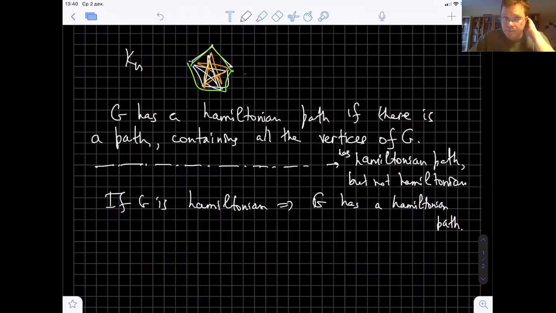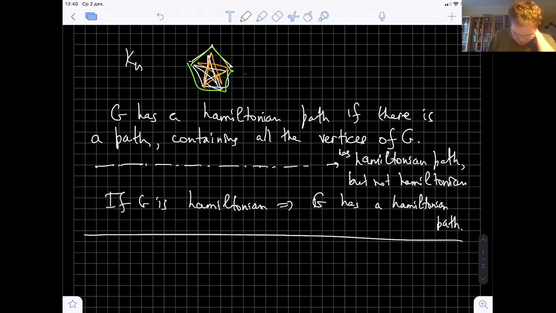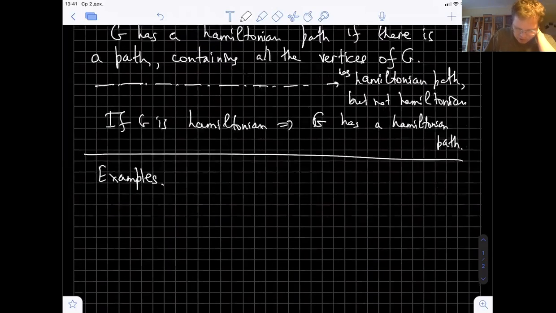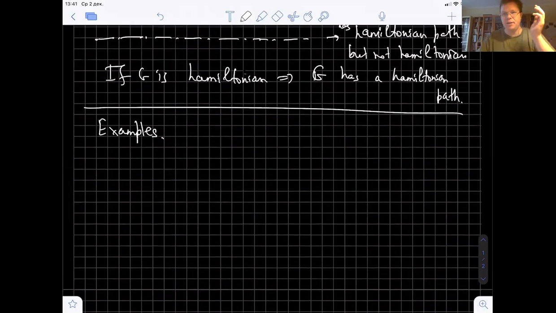So maybe first we will look at some examples, and then I will prove some theorems about when we can guarantee that a graph is Hamiltonian. Maybe I will give you some examples so you can see whether or not there is a Hamiltonian cycle in the graph.